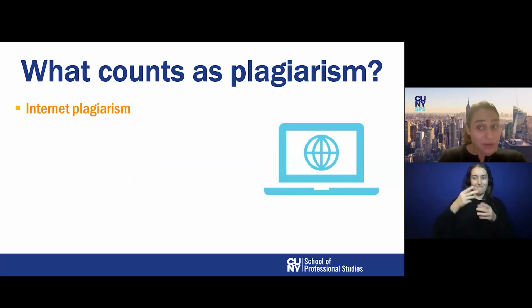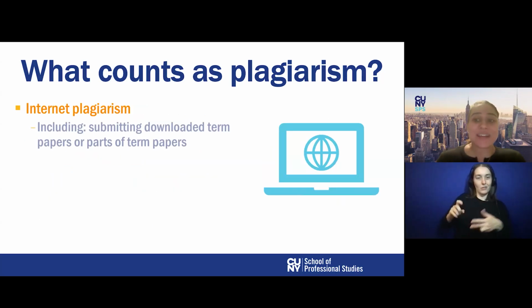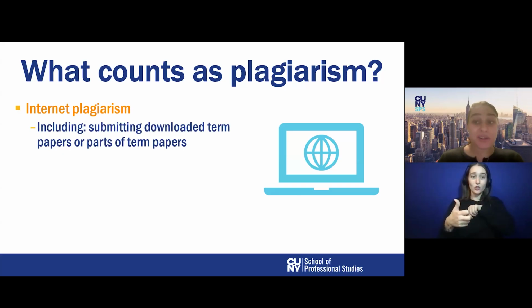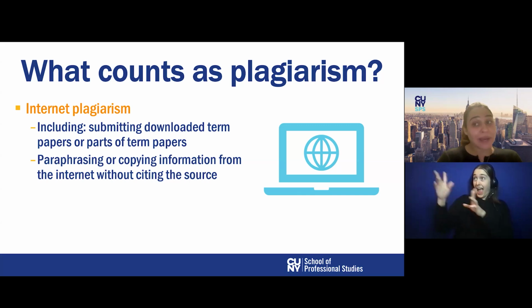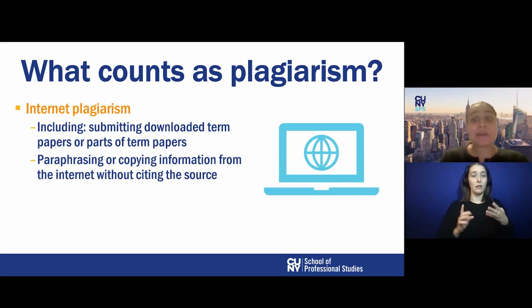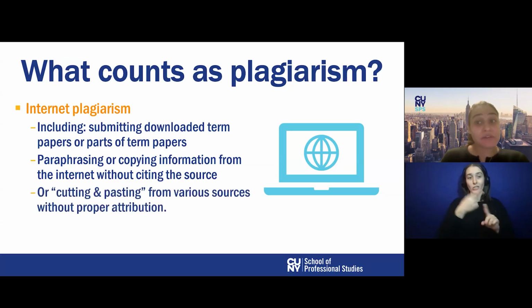Number three, internet plagiarism, including submitting downloaded term papers or parts of term papers. Number four, paraphrasing or copying information from the internet without citing the source. Five, cutting or pasting from various sources without proper attribution.